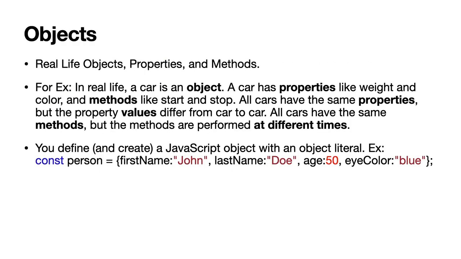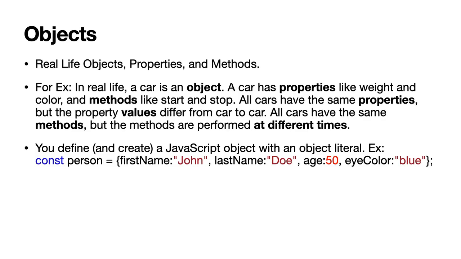Objects: we can declare objects like real life objects, with properties and methods in JavaScript. For example, consider a real life car as an object. A car has properties like weight and color, and methods like start and stop. All cars have the same properties, but the property values differ from car to car.